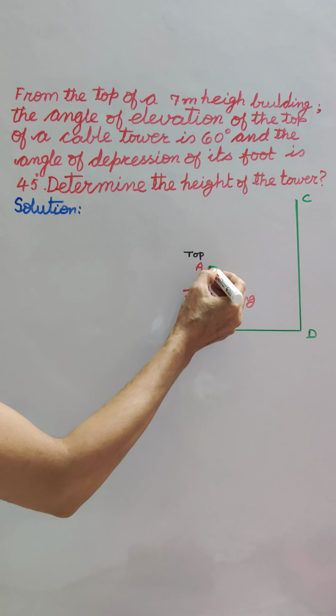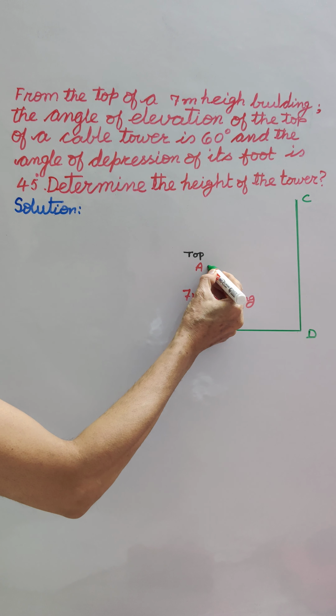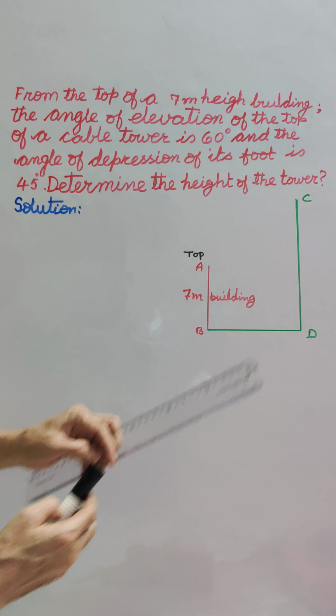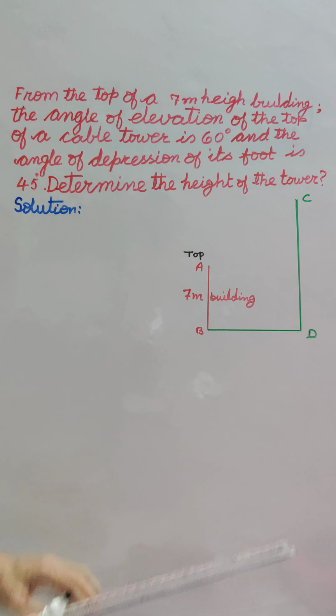From point A, the observer observes the top of the tower at an angle of 60 degrees.